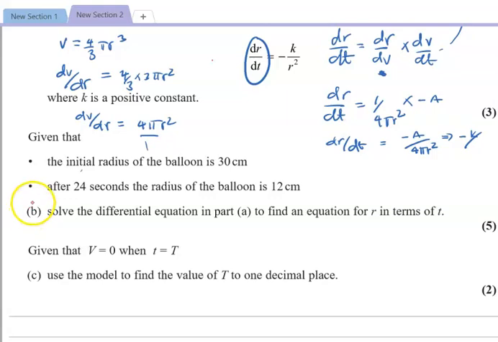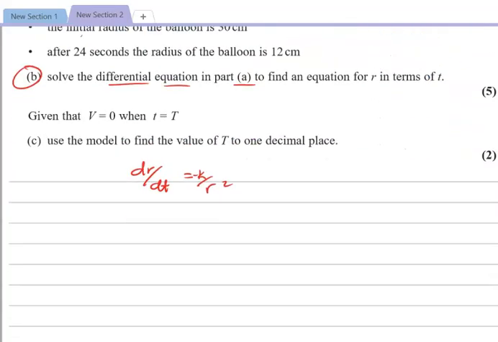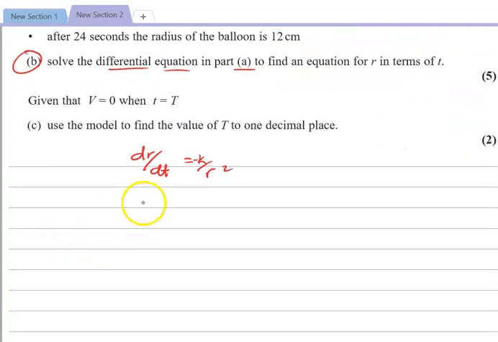Part B of the question, they're asking us to solve the differential equation in part A. The differential equation you have is dr/dt equals negative k over r squared. So how do we solve this? We separate the variables.